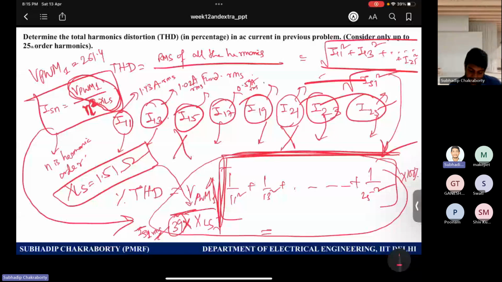So it is 1.9 amps, right? Around 1.93 amps is the harmonic current. So divide it by 39, you will get the answer, right? 4% I am getting. .9%.